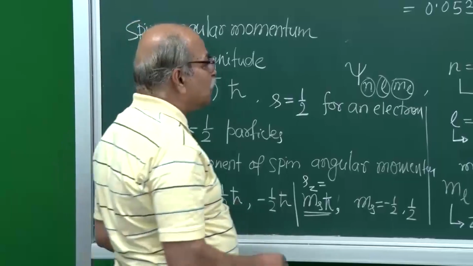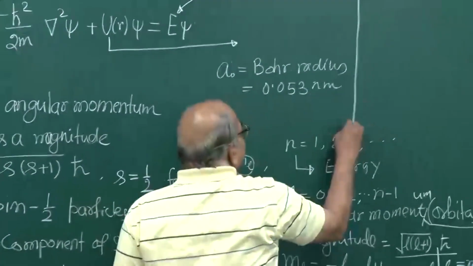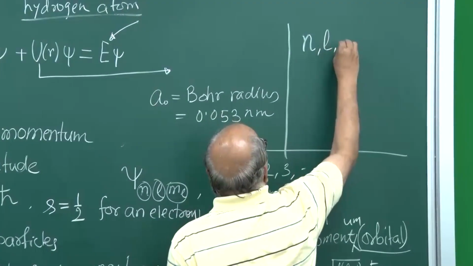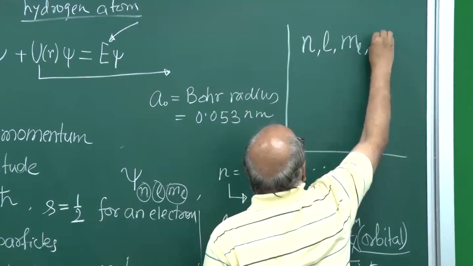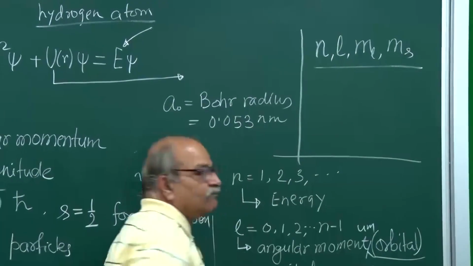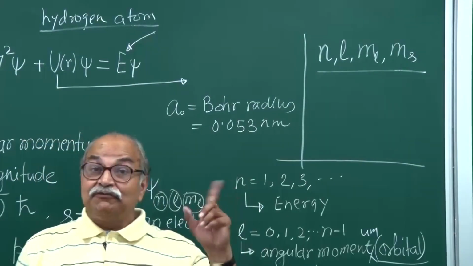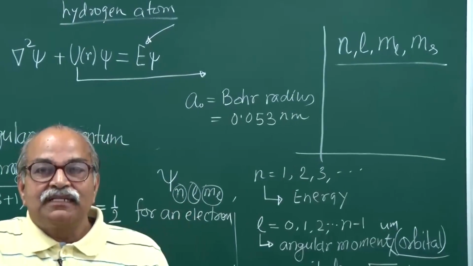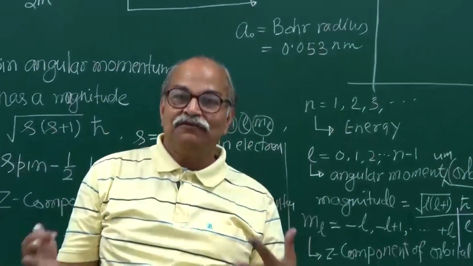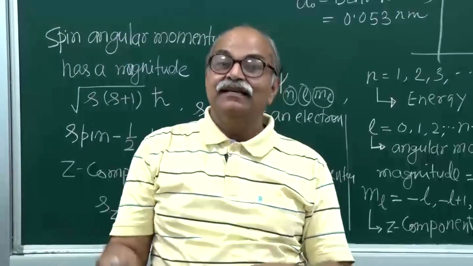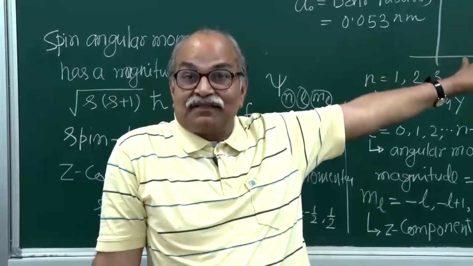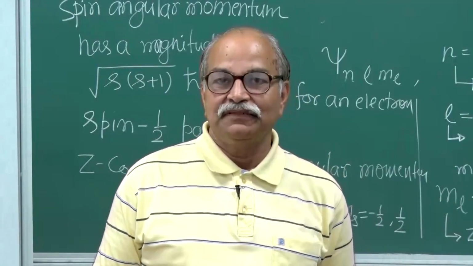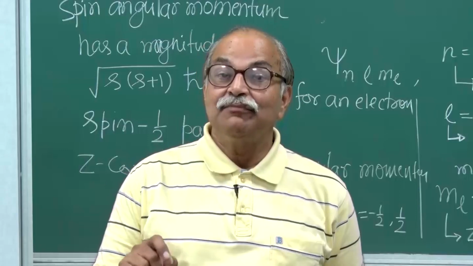So if I give all 4 of them, if I tell what is N, if I say what is L, if I say what is ml, and if I say what is ms, and all this is for fixed energy states, stationary states, then the entire behavior of electron with that energy can be obtained from here. So I will stop here today, and next lecture I will be talking of what is known as quantum states.